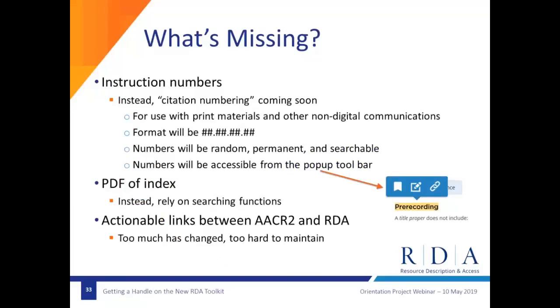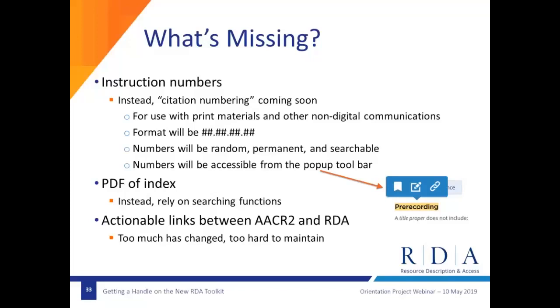This is truly designed for use with print materials and other non-digital communications. The links that are available to you through the pop-up button that you see in the screenshot on this slide, that little chain link, is a much better way to refer to a precise part of the RDA text if you are corresponding in any kind of electronic form. People can click on that and get exactly to where they need to be.